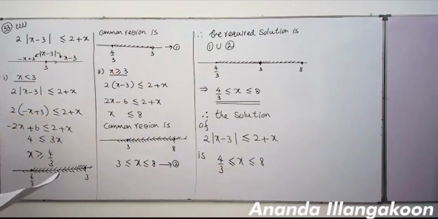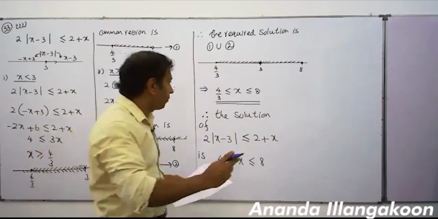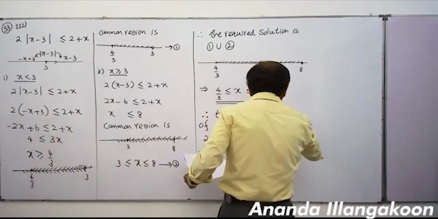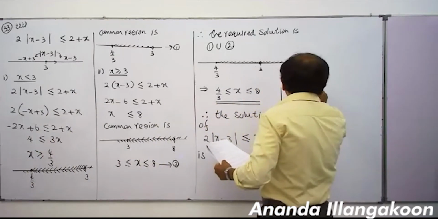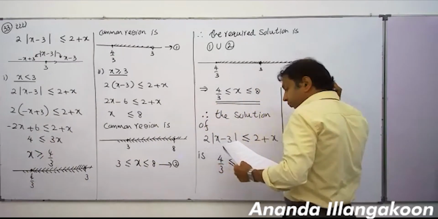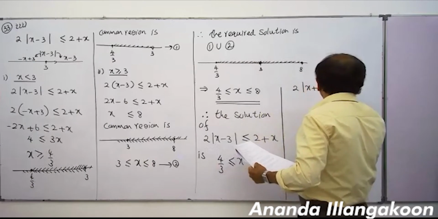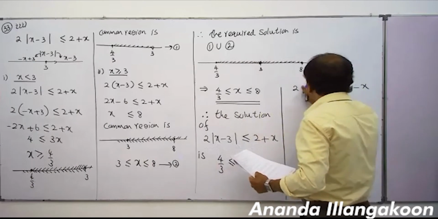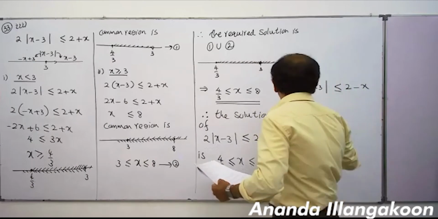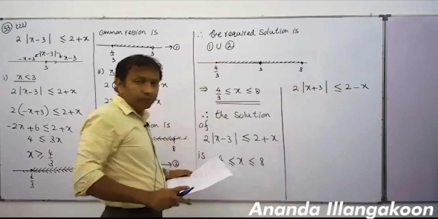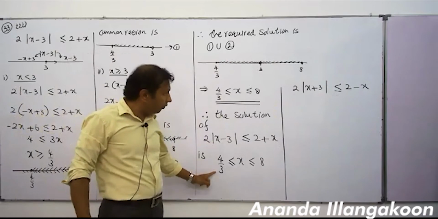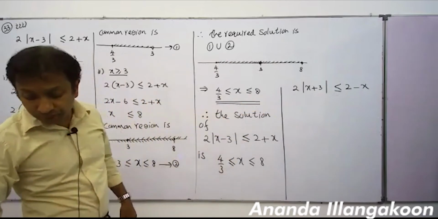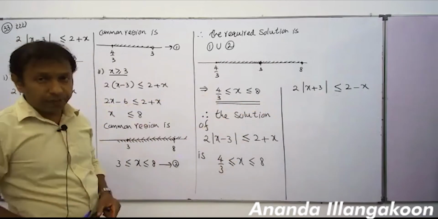Now asking to solve, hence. Hence means using this solution. Hence, asking to solve, people, 2 times mod x plus 3 less than or equal to 2 minus x. Asking to show this. That means using the answer of this only, we have taken the answer for the second part.